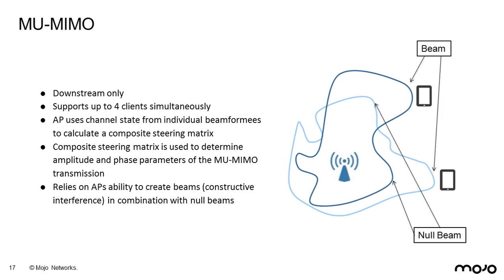That would be a good result. And so you're getting only one spatial stream worth of throughput out of the 4 spatial stream AP. So effectively, you're using 1/4 of the AP's throughput potential there.